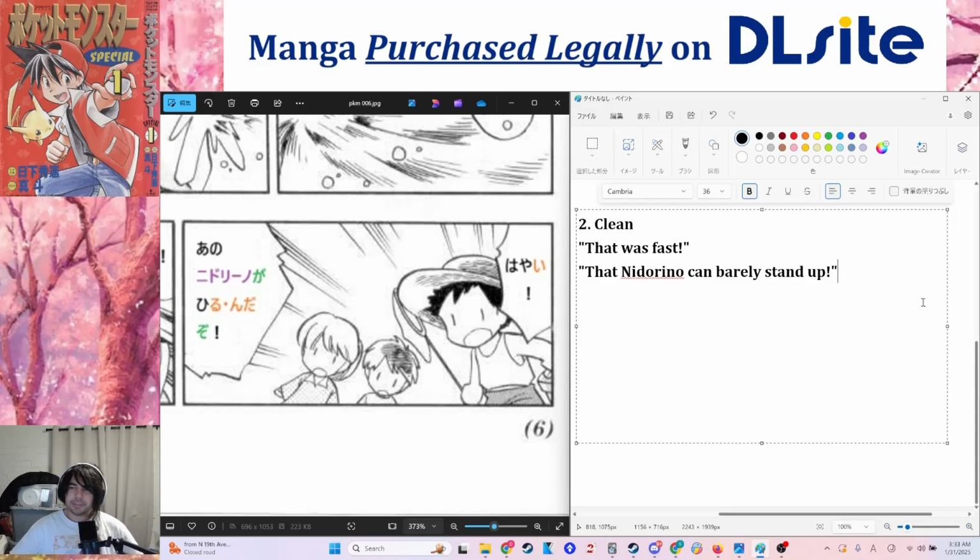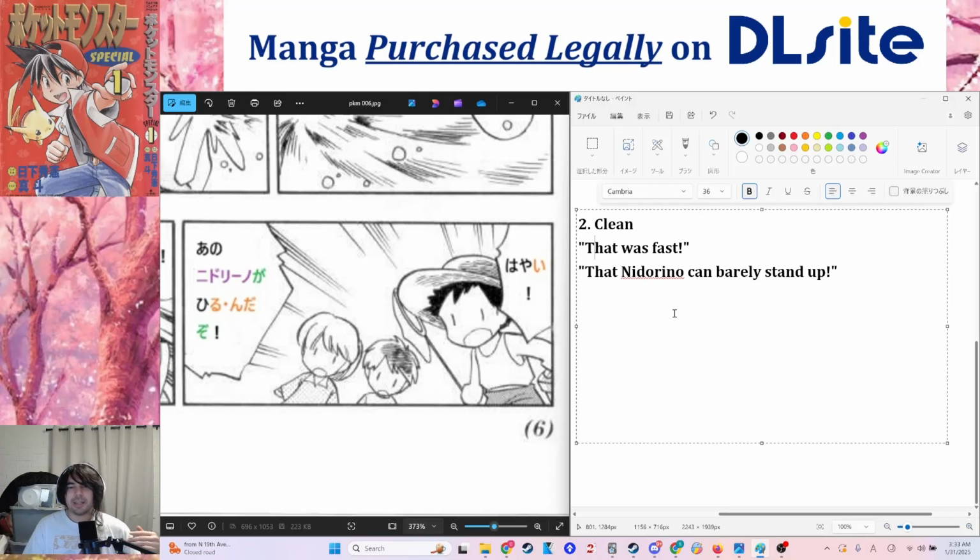Okay, translation two. So I'm getting a little bit more into the details here. This kid says, "Oh, that was fast." Basically giving us a little bit more detail as to exactly what he's calling fast. He's calling that situation fast. And then the girl here says, "That Nidorino can barely stand up." I think emphasizing the after effects of the battle gets across the exact same point.